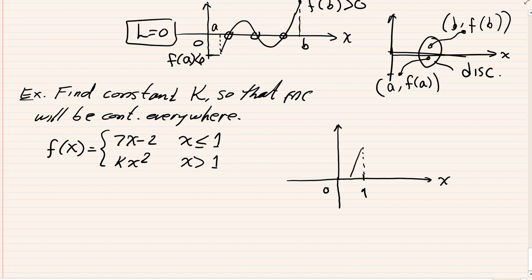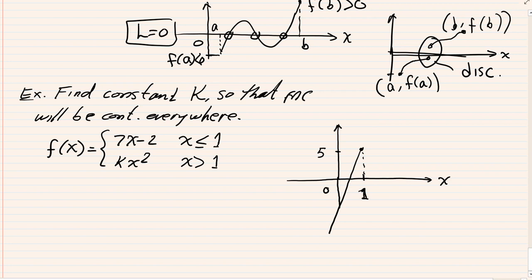And hypothetically, let's say it goes like this. And right there, when x is 1, 7 times 1 is 7 minus 2 is 5. The other portion of this line is up here, but we don't need that because our domain is only for x less than or equal to 1. So that's the graph of the line.